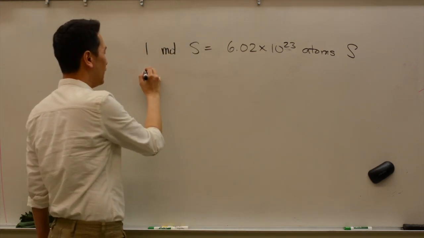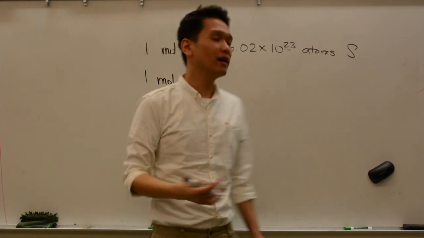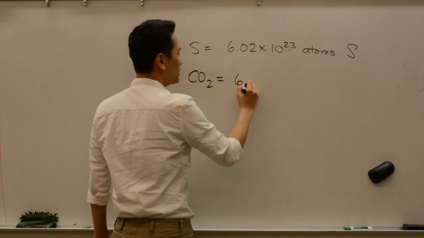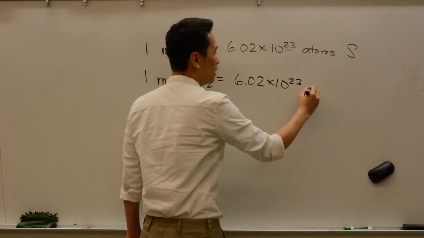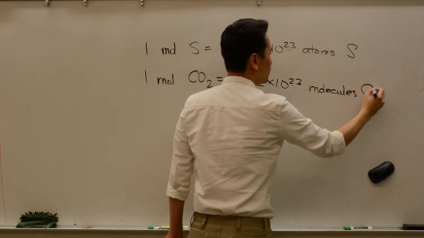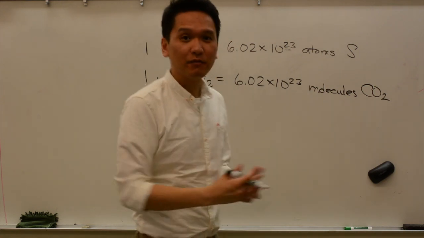Same thing if I say I have a mole of a molecule like carbon dioxide, CO2, then I also have 6.02 times 10 to the 23rd molecules of CO2, right? It doesn't matter if it's an atom or a molecule.